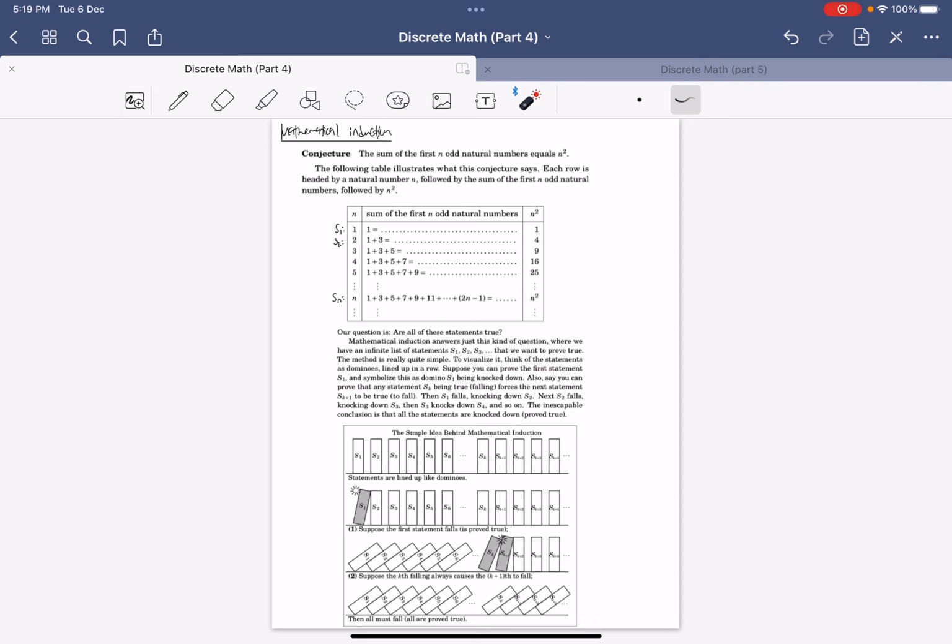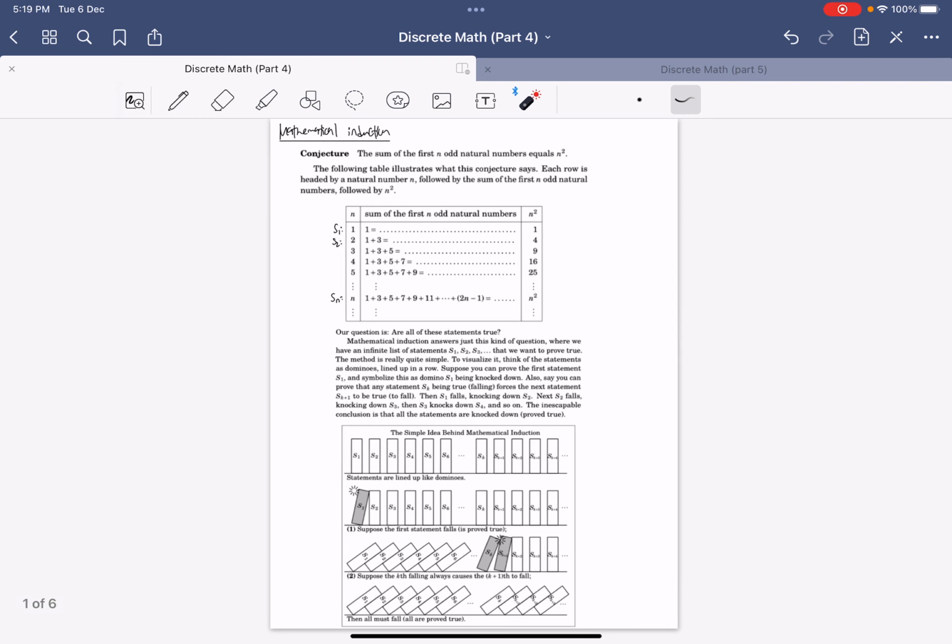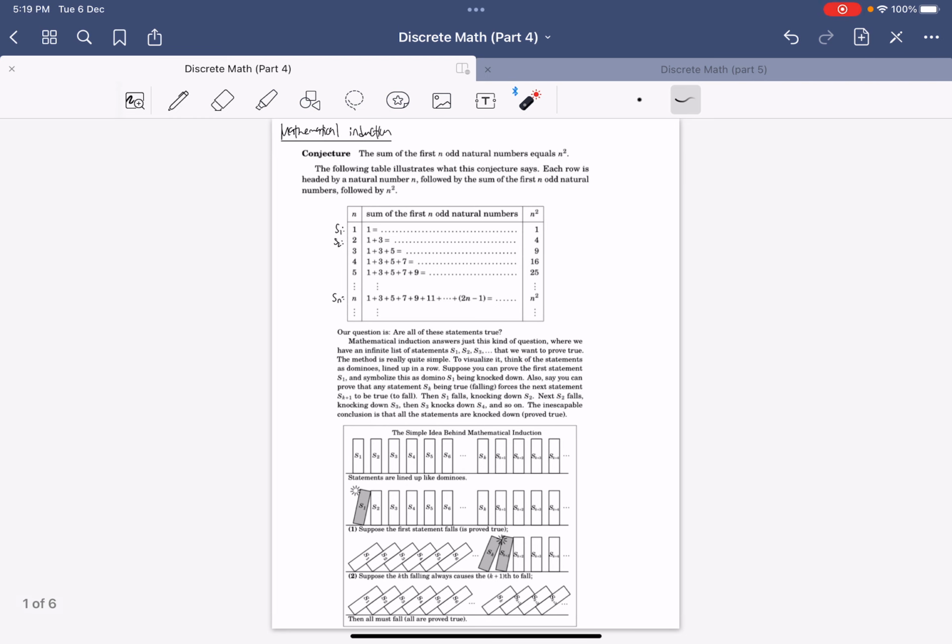After you prove your base case, you can imagine it as a domino being knocked down. And so your first case knocks down, as the photo shows below. Now you assume that Sk holds true. So statement k holds true, and you want to prove that Sk plus 1 holds true.